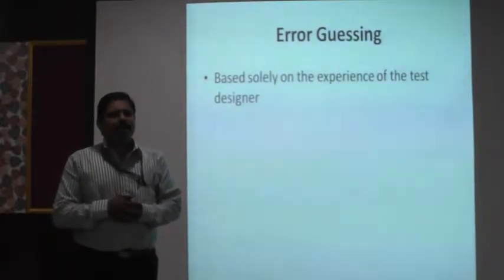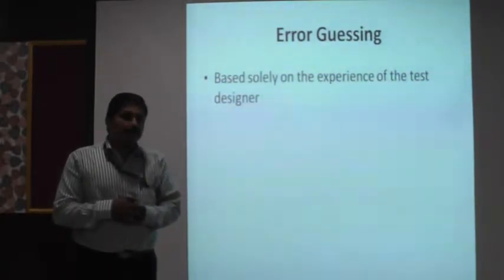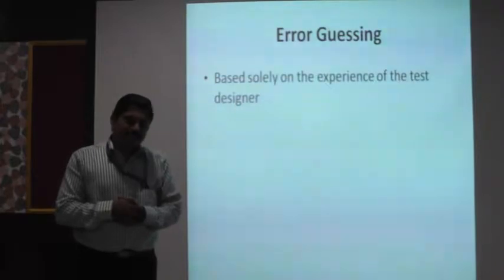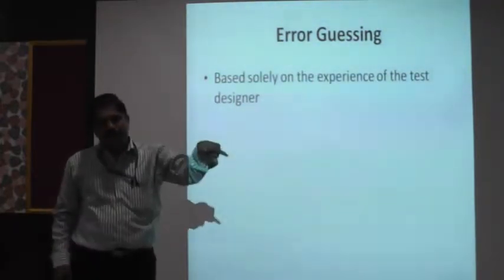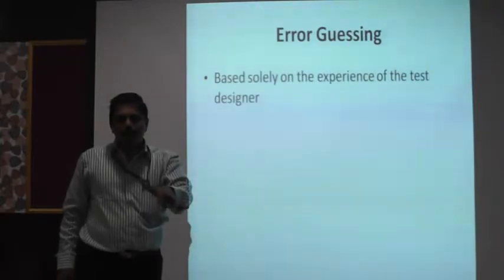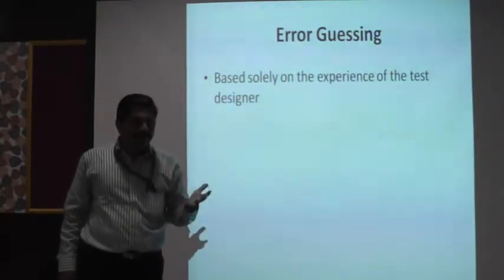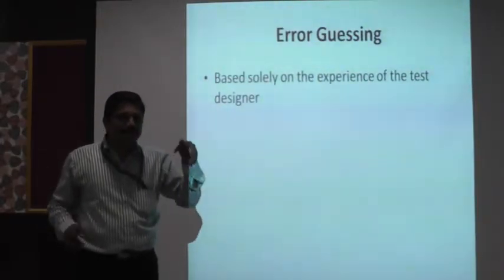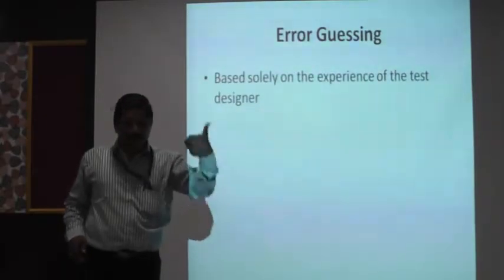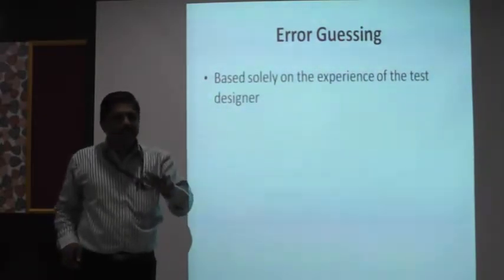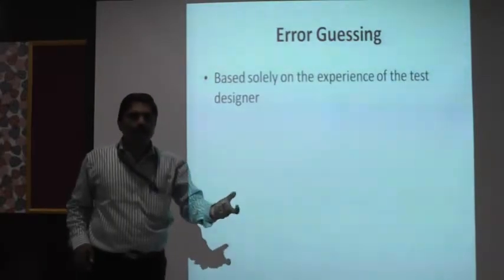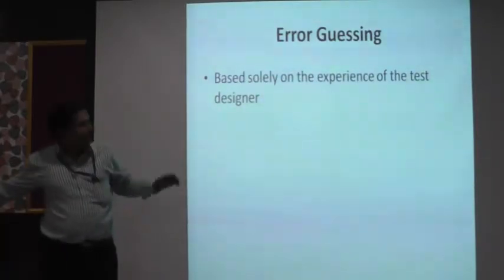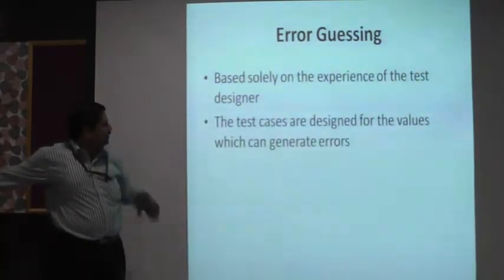If I have somewhere around 5 or 10 years of experience, and I have been working monotonously on a particular test case, and I know that for this particular input I will be getting only this particular output, if I know pretty well, then before I execute any specific test case, based on my experience I know the output will appear only like this, and then I can suggest my own testing views. It works based on trial and error. So that is called error guessing. It works based on the experience of the tester.